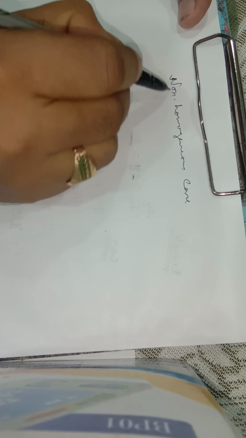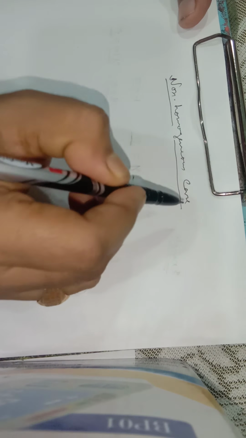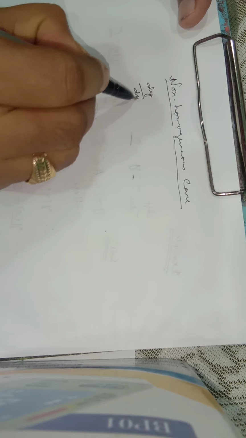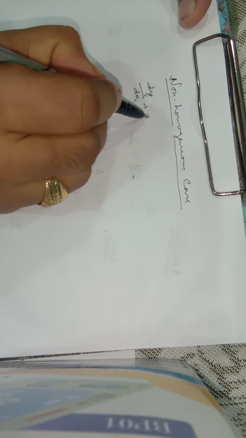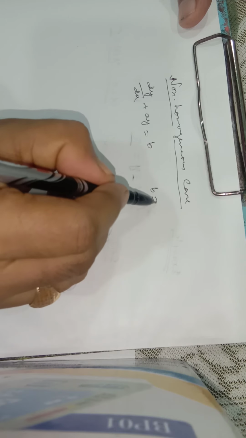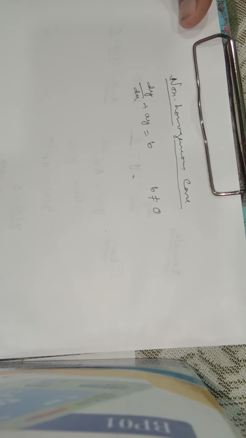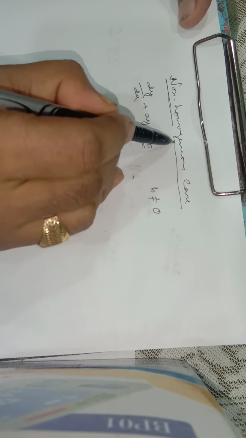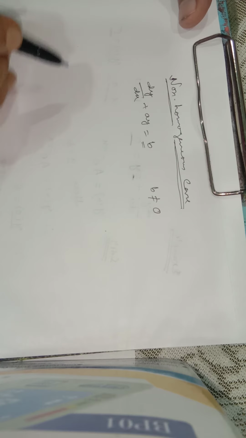The non-homogeneous case of the first order linear differential equation can be written as dy by dx plus ay is equal to b. Now here b is a non-zero value. As b becomes a non-zero value, it is a non-homogeneous case. Okay.